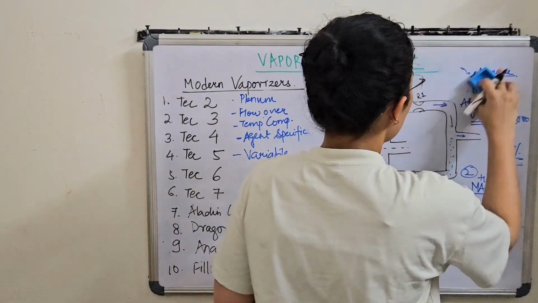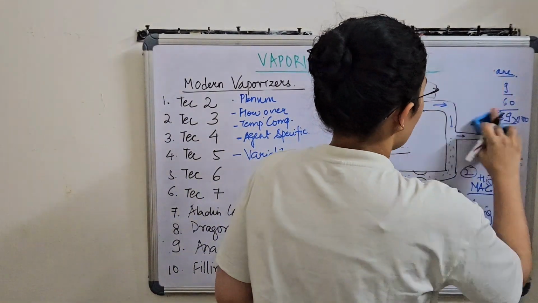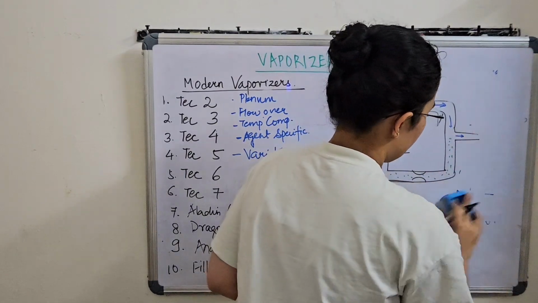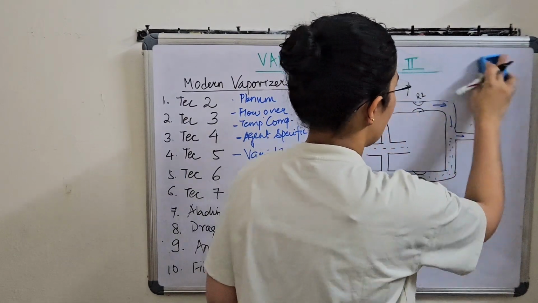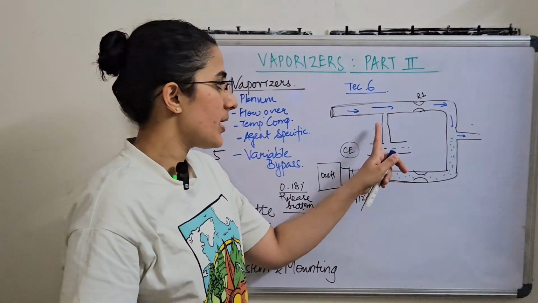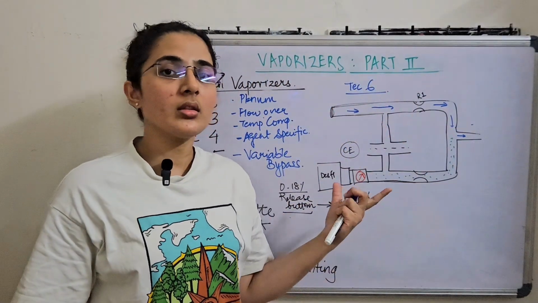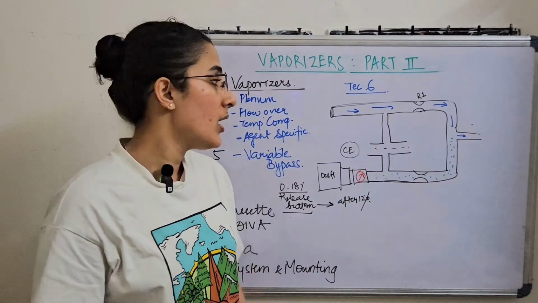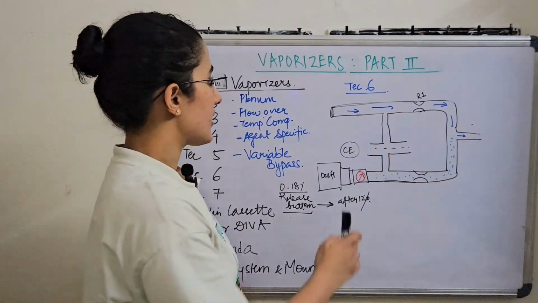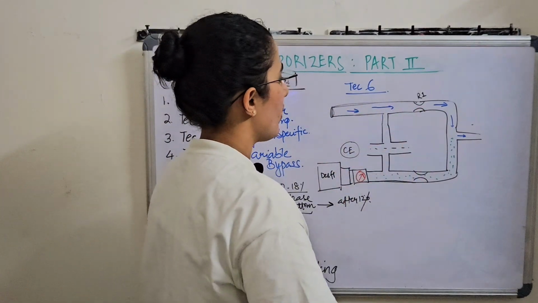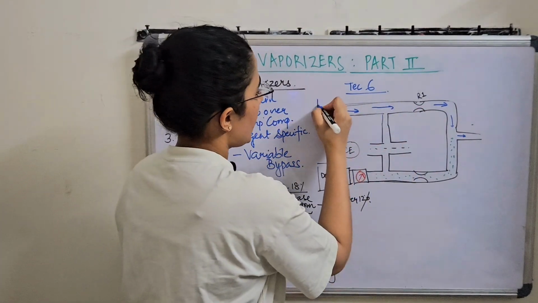Now coming to this diagram which I have drawn, it is from Miller's. It basically tells how the Tec 6 vaporizer actually works inside. This flow is the inflow of the fresh gas flow.